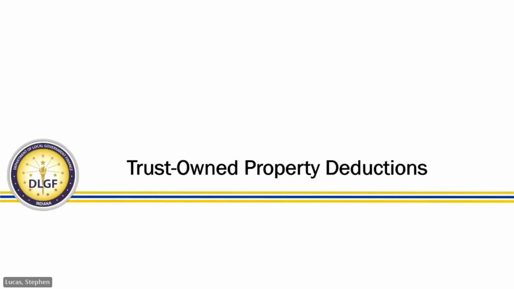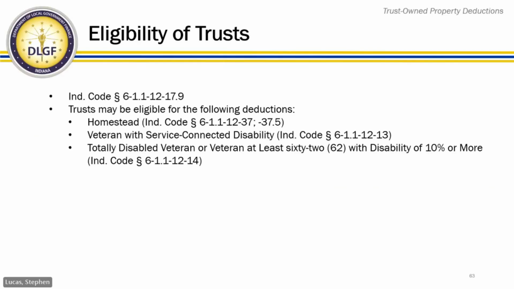So we will now briefly talk about eligibility of trusts for deductions. By law, trusts may receive a homestead and supplemental, as well as a veteran's deduction under conditions specified on the next slide.